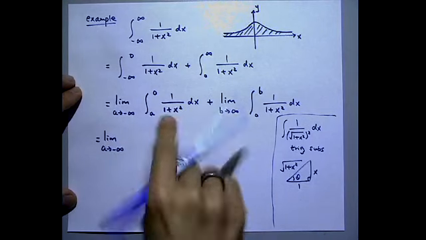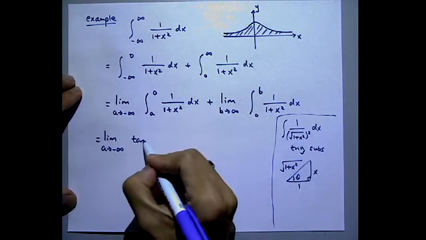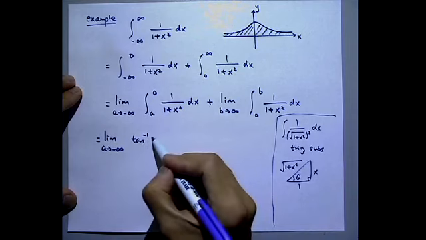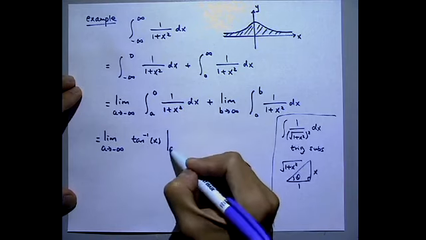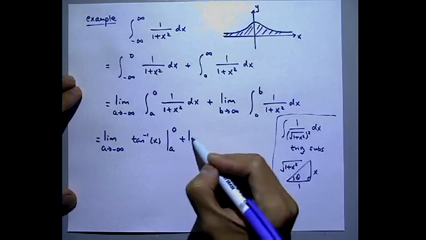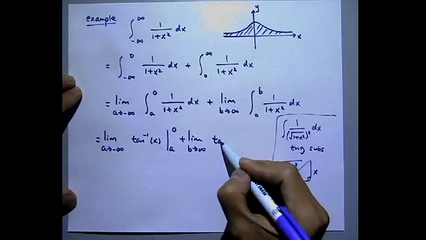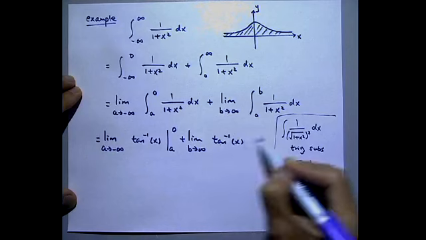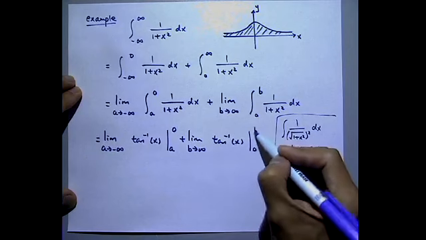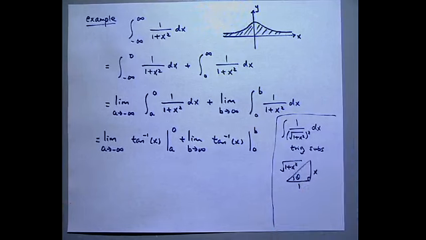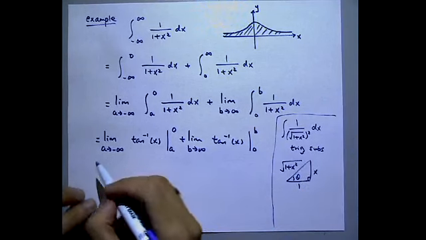Okay, then we get inverse tangent of x, limit a to minus infinity from a to 0, plus limit b to infinity of inverse tangent from 0 to b. And then we continue.